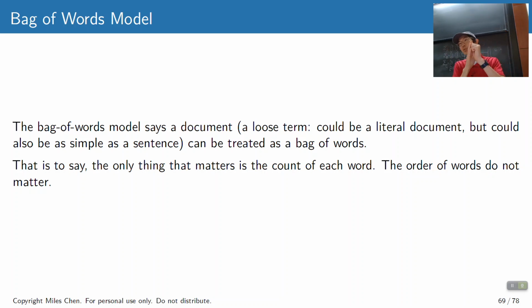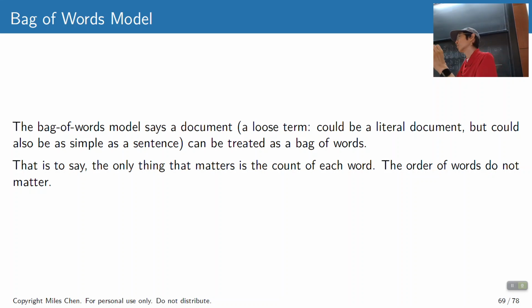So x1 might correspond to the word A, and x2 might correspond to the next word in the dictionary, which would be, aardvark or something, and then the next word. And you might have, let's say, 50,000 words in the language. Technically, you would have 50,000 x variables, and x1 is how many times this word appeared.